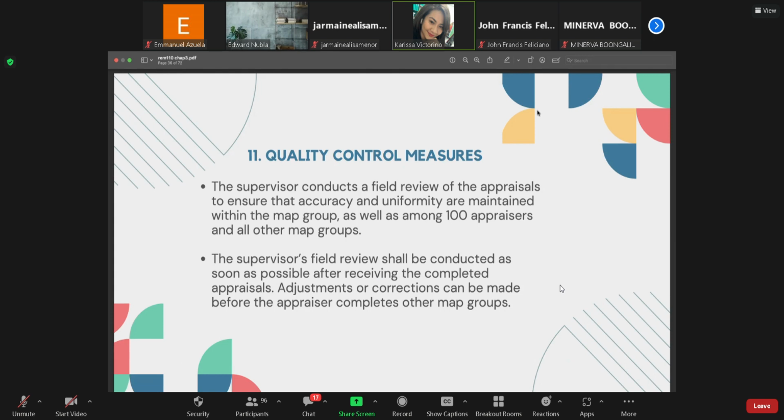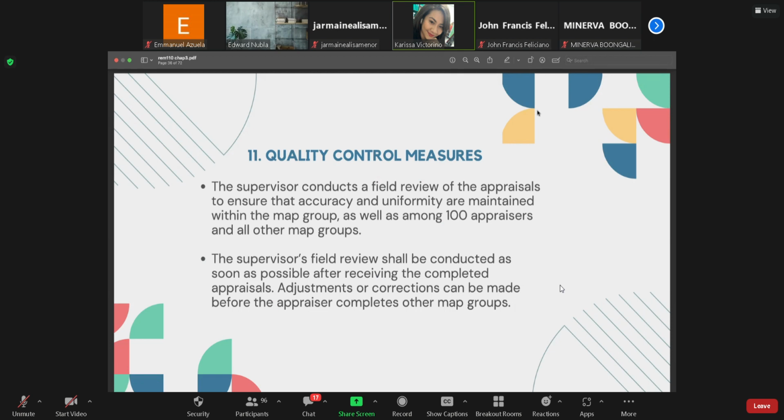So level 4, no on-site inspection is made. Market data are analyzed to determine changes in the market so that the property should be adjusted to market value. Values are modified by applying line adjustments or by recalculation of basic tables developed from reappraisal studies. So the last one is the quality control measures.